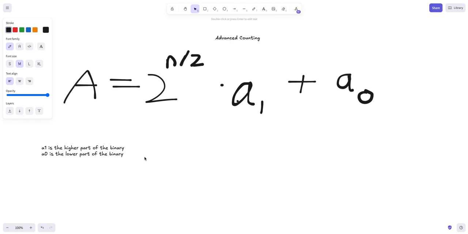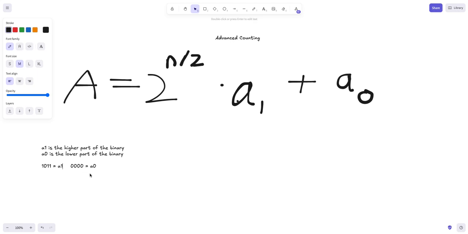Let's assume we have a binary number, say this is the binary number, and this is where we divide it. When we've divided it like this, this part is going to be equal to A0, and this is going to be equal to A1.